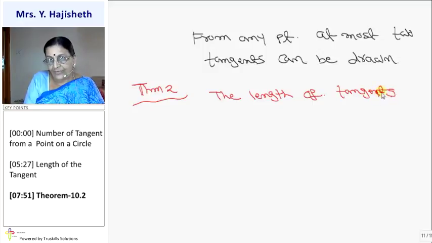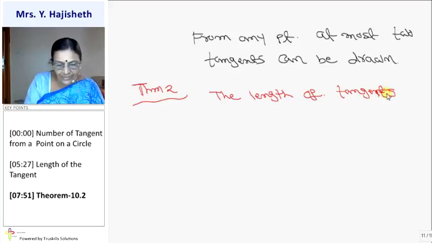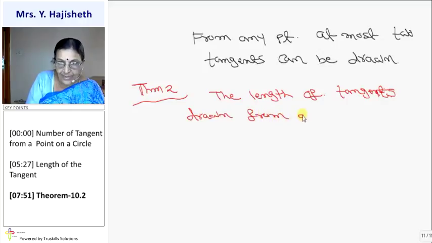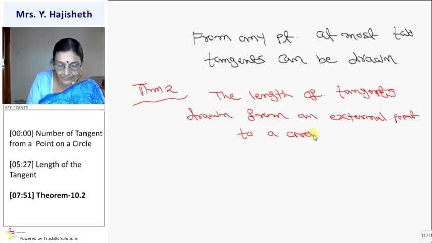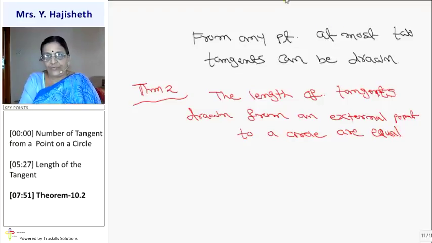This fact we are proving with the help of a theorem. The lengths of tangents drawn from an external point to a circle are equal. I want to prove this fact in the form of a theorem.